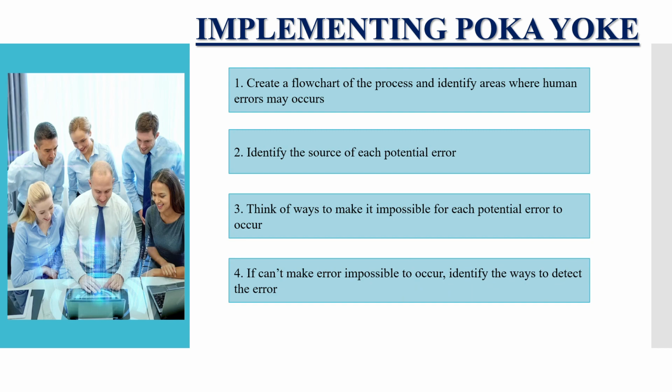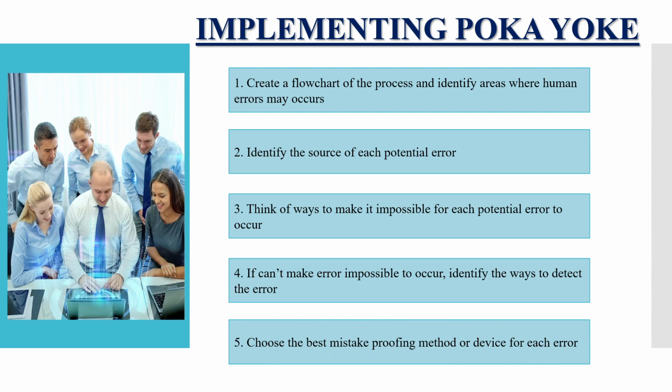Next, if we can't make it impossible, then at least we will try to identify ways to detect the error. If we can't eliminate the error, we have to find a way to make it detectable so that at least we can take some corrective action on it. And the last step is to choose the best mistake proofing method or device for each error.